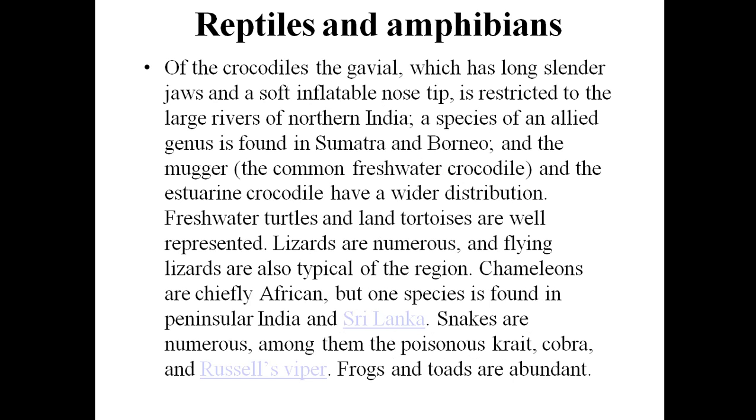Then, talking about the reptiles and mammals, sorry, amphibians. Of the crocodiles, the gavial, which has a very long and slender jaw and a soft, inflatable nose tip, is found only in the bigger rivers of northern India.